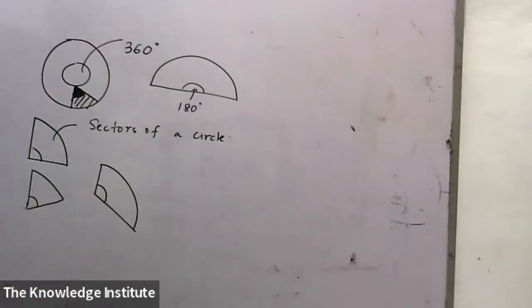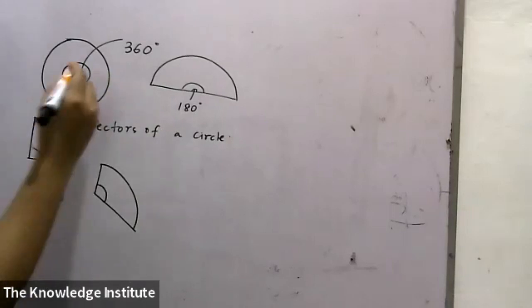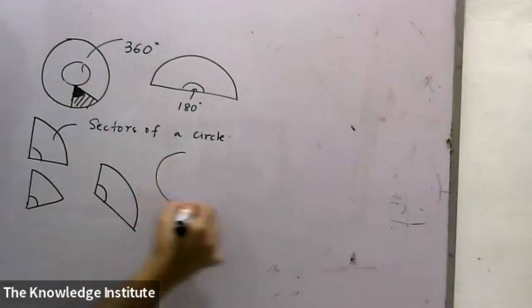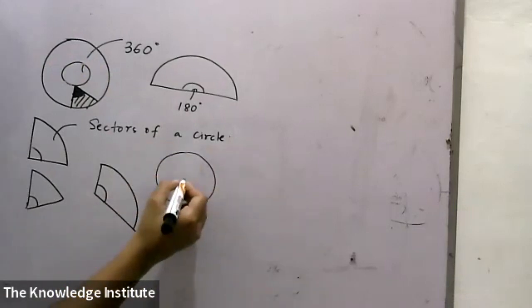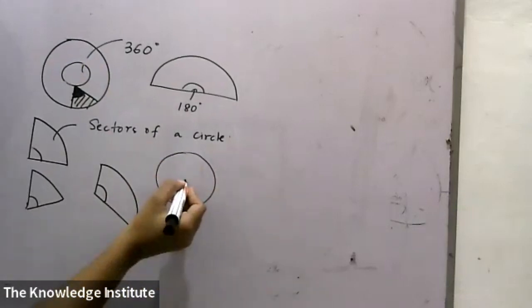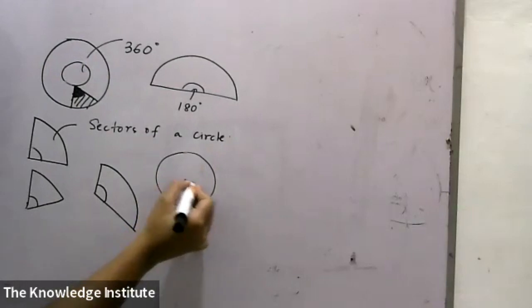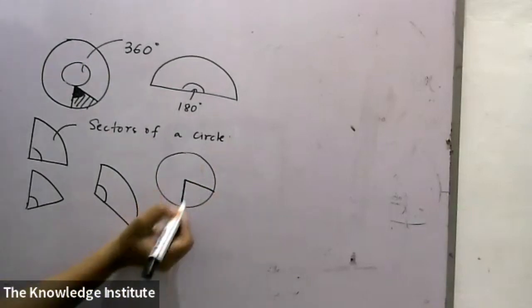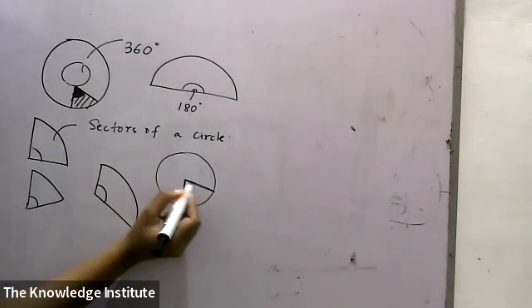Did you understand that? Now look here. This is a circle, and this is the center point. Let's say I'm taking a part like this. What do you call these 2 lengths? Radius.